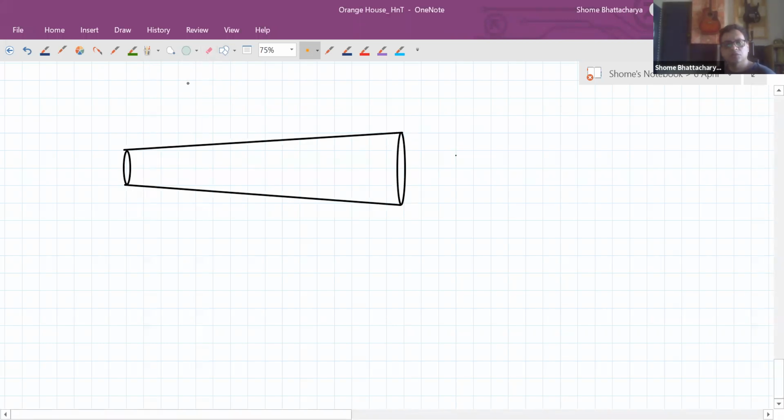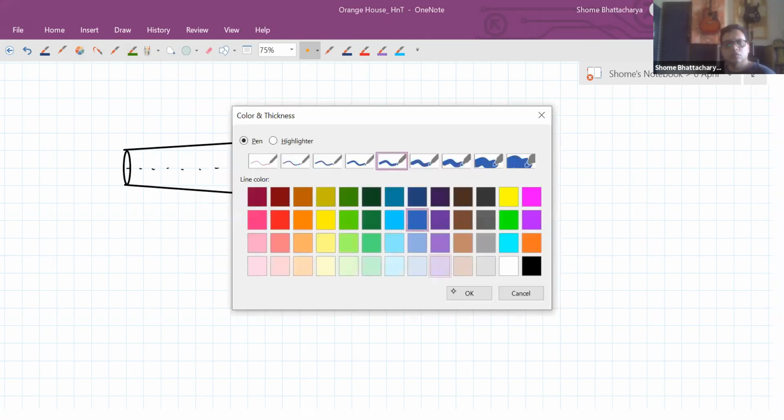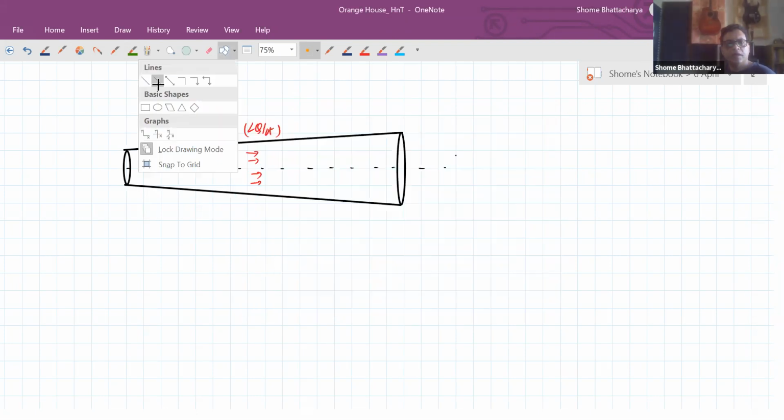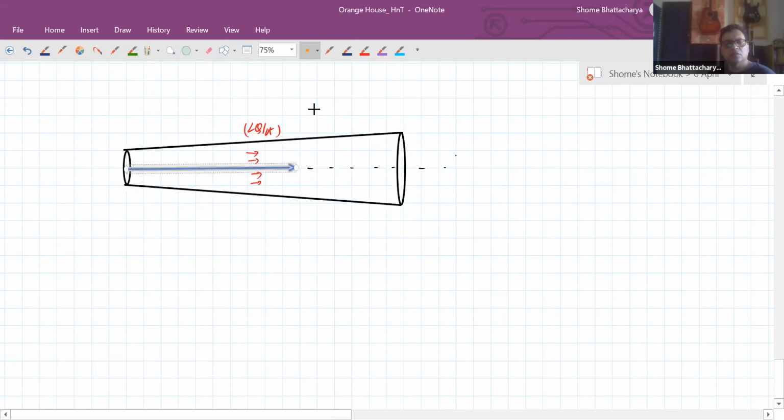So what we'll have to do here is use integration. The heat conduction is happening along this axis. So at some distance x from this side, we will slice a thin disc like this, which is of thickness dx and which itself has radius r.